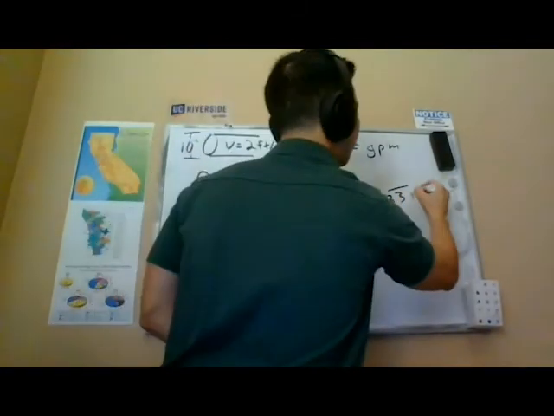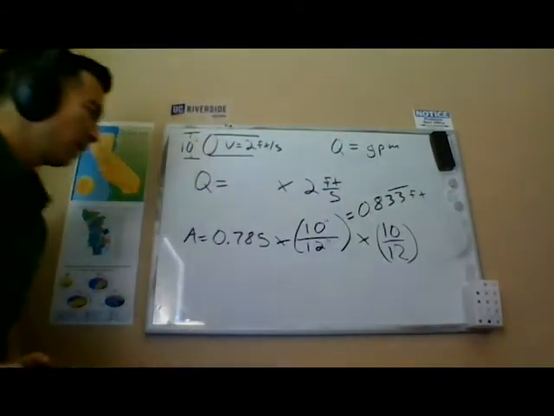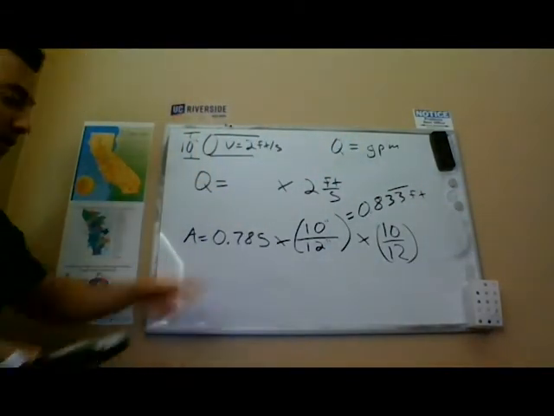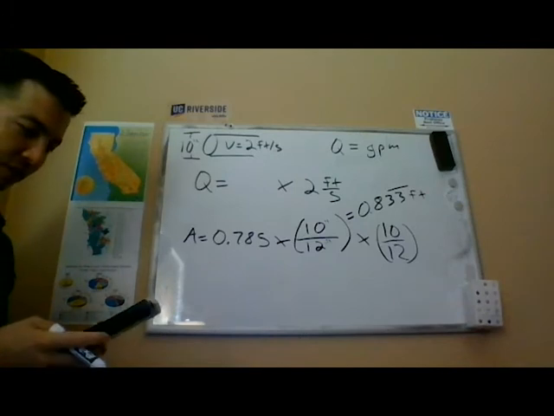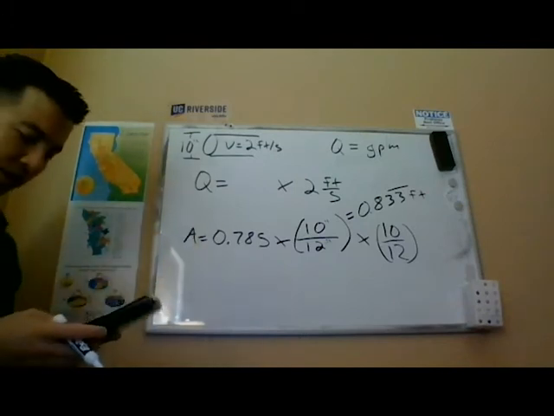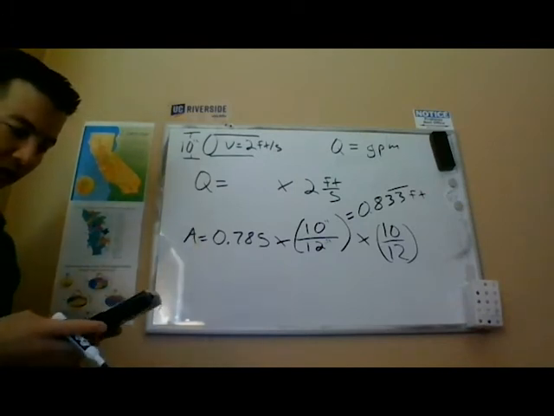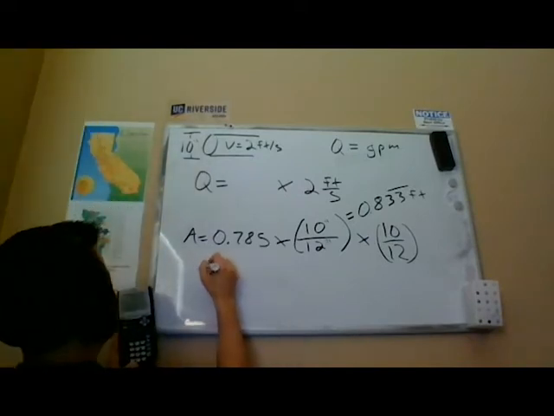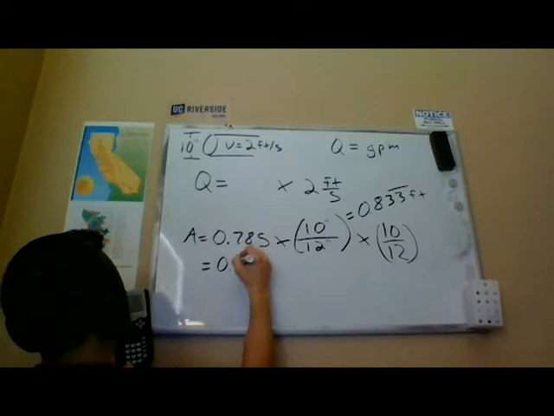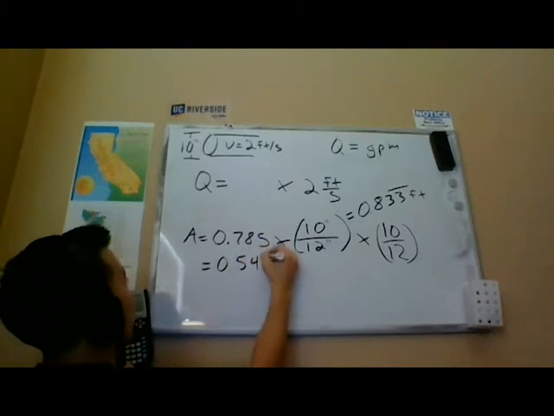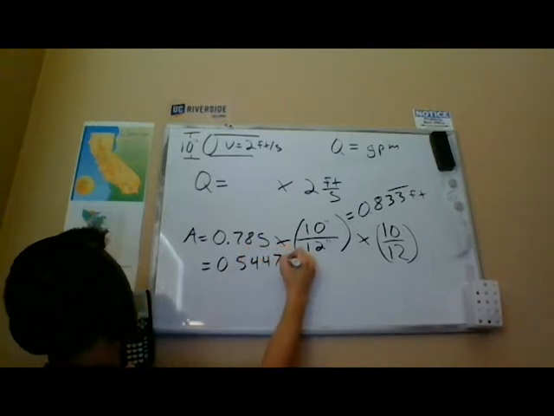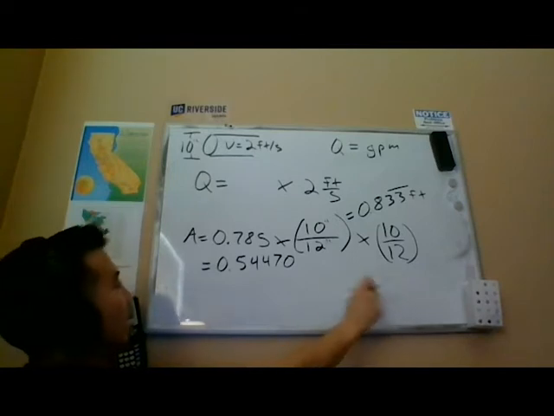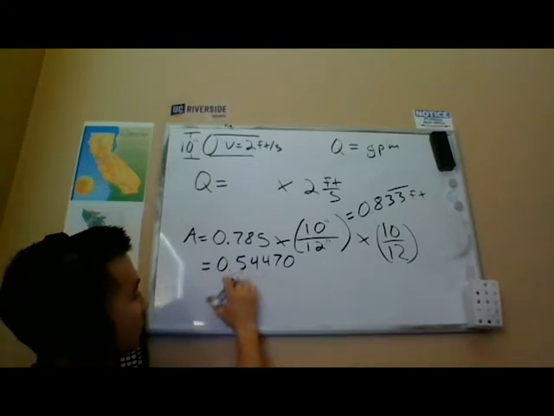Okay, and that's going to be in feet. So now I can take my calculator and do 0.785 times 0.833 times 0.833, and I get an area equal to 0.54470, and so on. I'm going to round it to 3 decimal places for now.